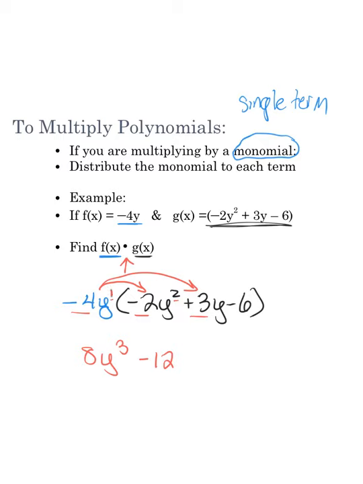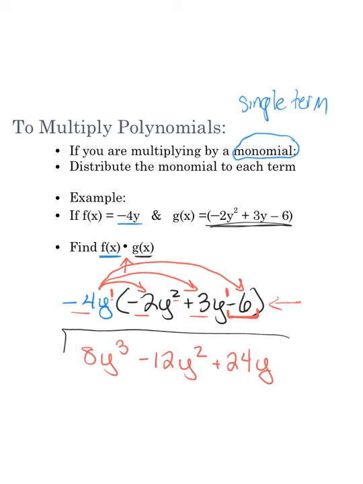And again, I have this 1 here, and there's 1y there, so that becomes y squared. And when we go to the last term, make sure you take the sign with it. That's a negative 6 or a minus 6. So negative 4 times negative 6 is positive 24. And then we just write the y because there's no y's on this last term. So our answer is just this.